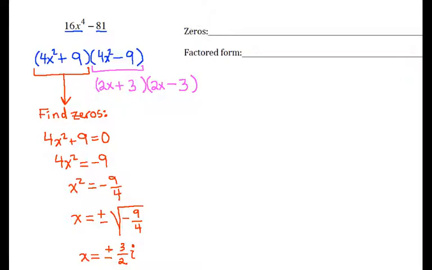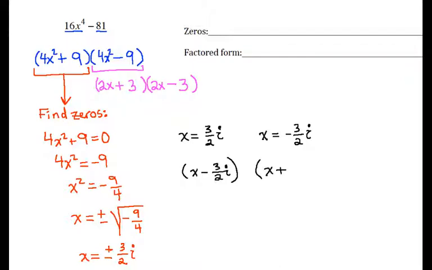So I'm now going to, like I did in the previous example, construct factors from these zeros. x equals 3/2 i gives me the factor x minus 3/2 i. x equals negative 3/2 i gets me the factor x plus 3/2 i.